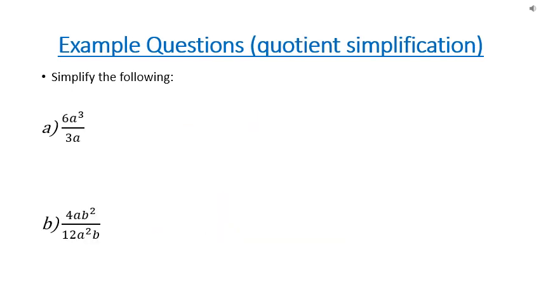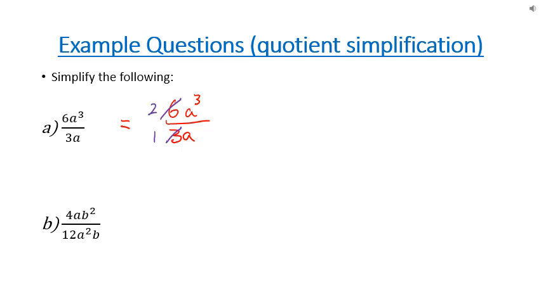Okay, we're now going to do some simplification using the quotient rule or the divide rule. Right. Our first example, we have 6a to the power of 3 all over 3a. We can simplify these just by using our division or our index laws. The 6 and the 3 actually cancel out to 2 and 1.